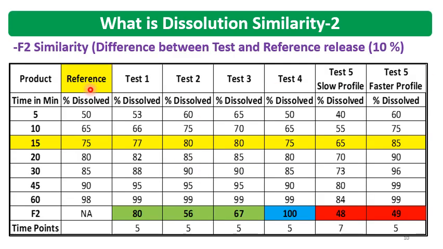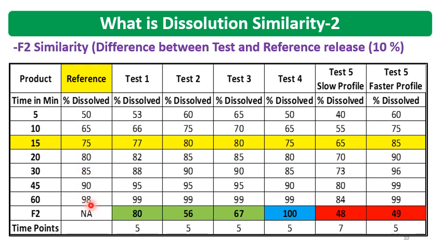So here I have taken an example. This is a hypothetical example, you can do the correct calculations for your formulation. Here I have put the dissolution data for the reference product: 5 minutes 50%, 10 minutes 65%, 15 minutes 75%, 20 minutes 80%, 30 minutes 85%, then 90, 98.